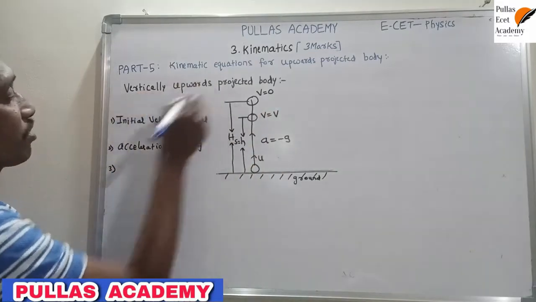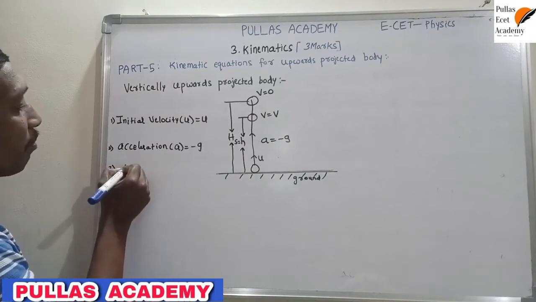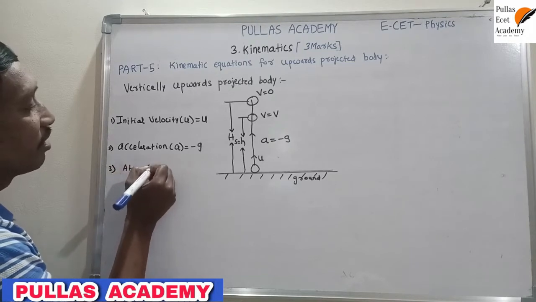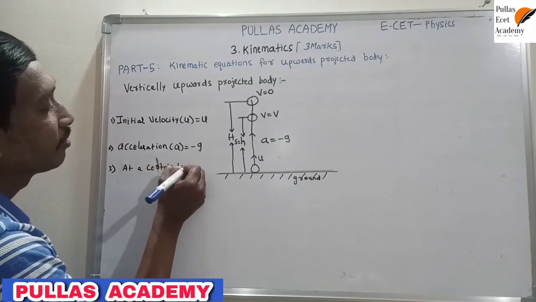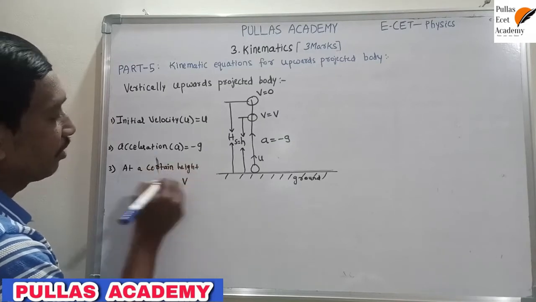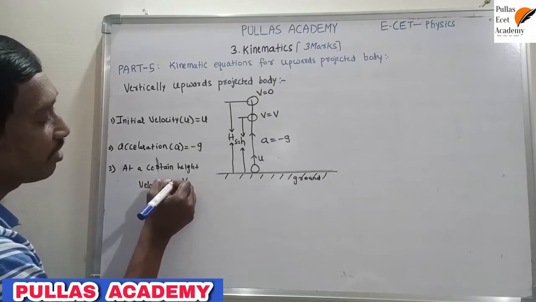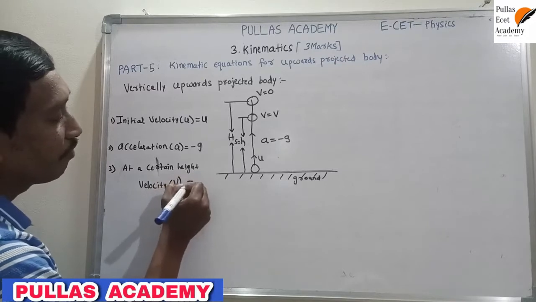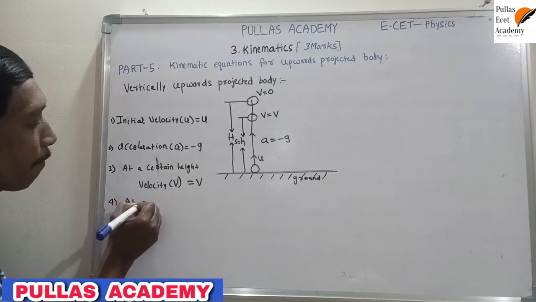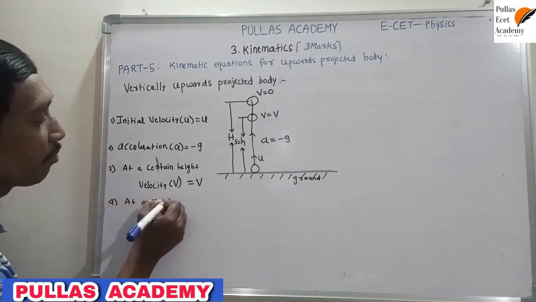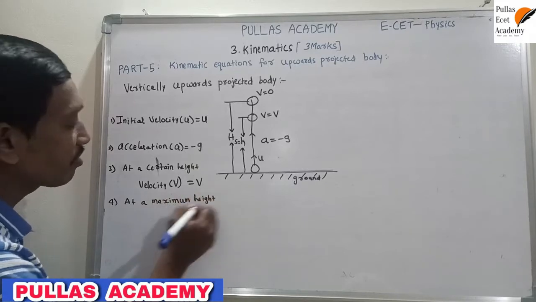So for an upwards projected body at a certain height, listen to me, this is a point, at a certain height, velocity is v. But at the maximum height, one more important point, what is the velocity?